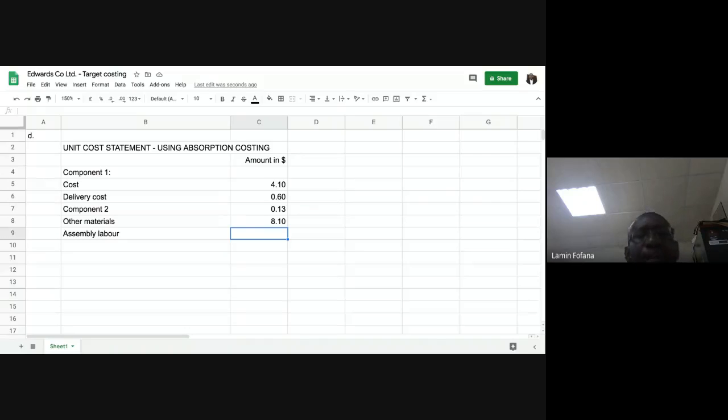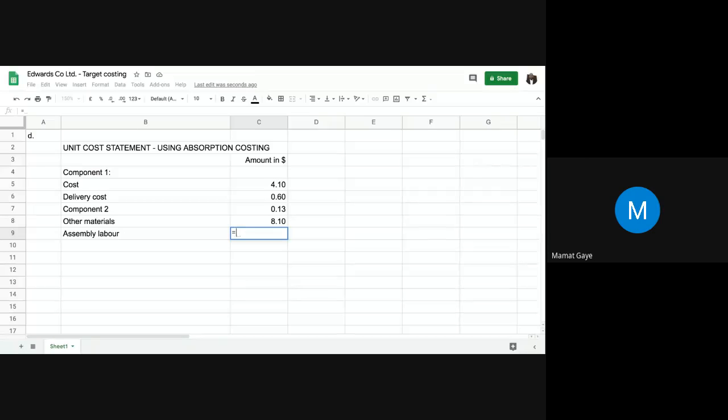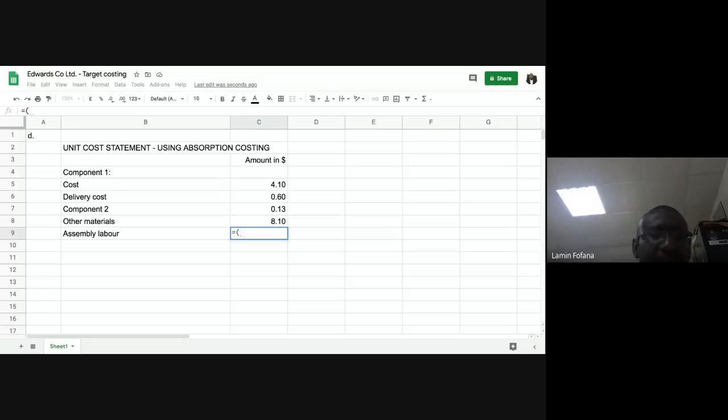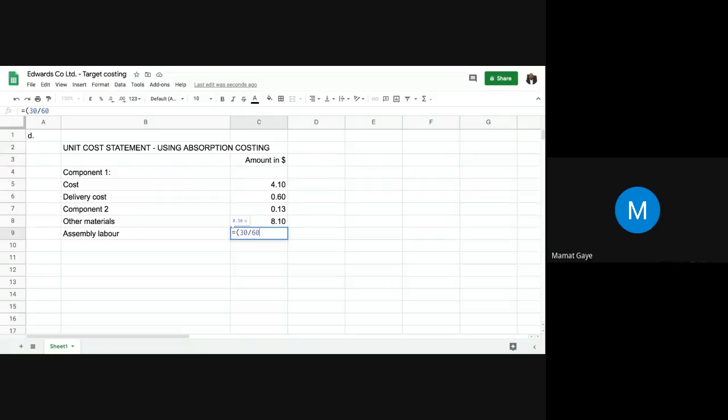So what formula should we put here? Equals, bracket open, and 30 over 60. 30 divided by 60, 60 being 60 minutes, 1 hour.